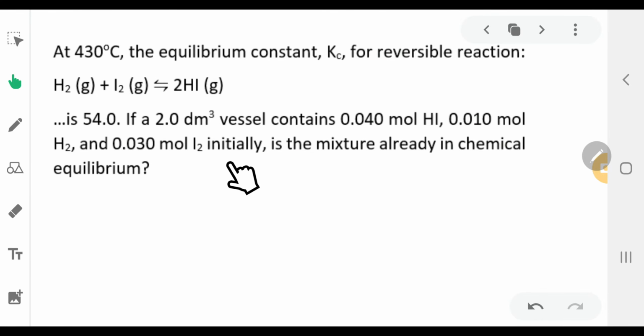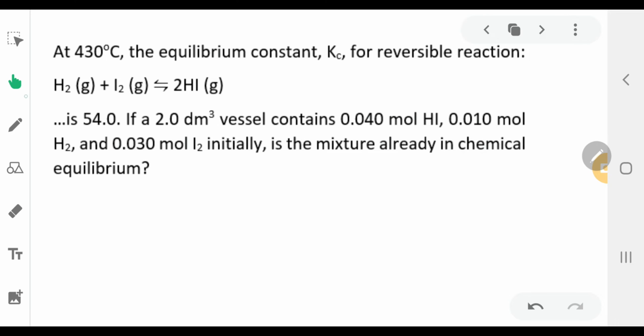When you look at what the question wants, it says: initially, is the mixture already in chemical equilibrium? So the question wants you to find out whether the reaction is already at equilibrium.